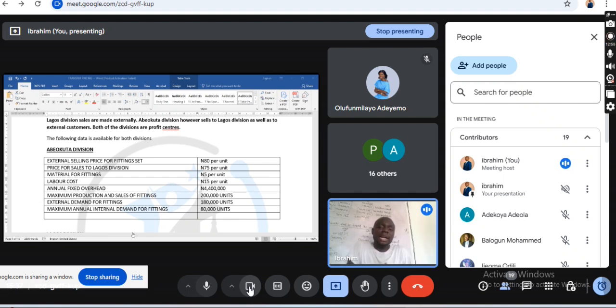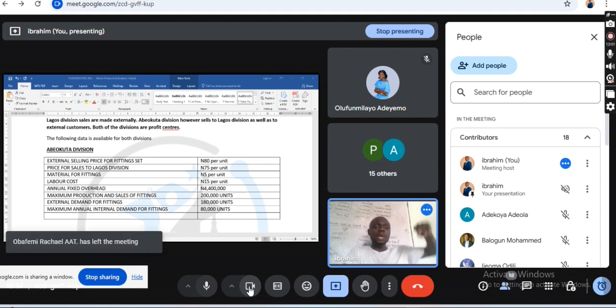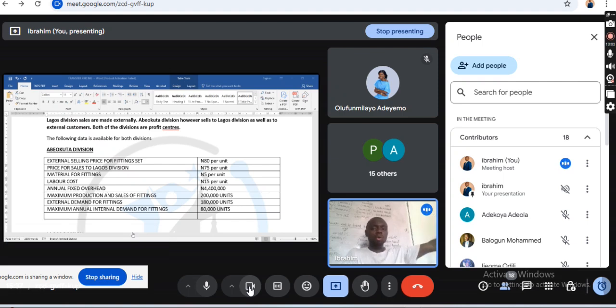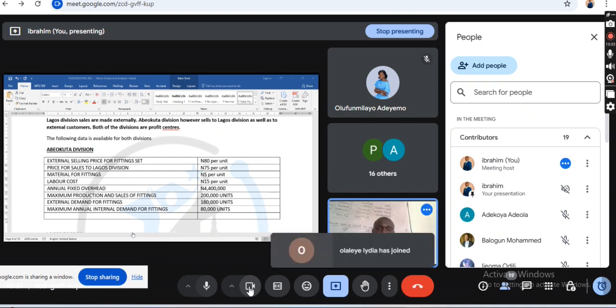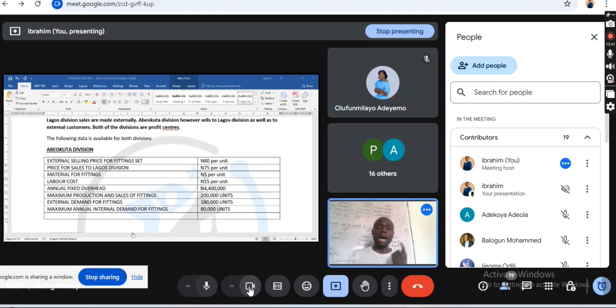This price for sales to Lagos, this 75 naira per unit, will become a cost to the buying division, because the buying division expects to buy at that cost. So the price for sales to Lagos is a cost to the buying division, but it is an income, a revenue, to the selling division.